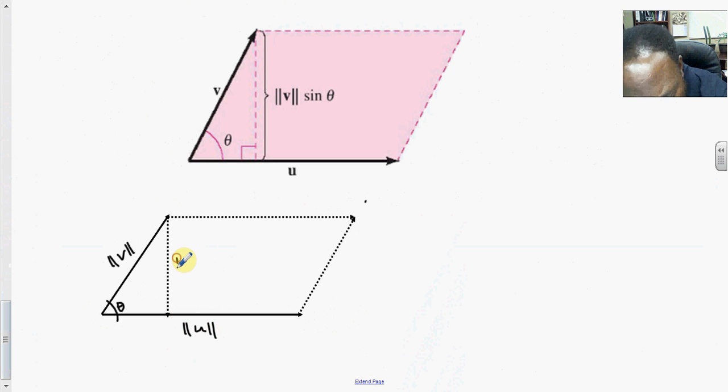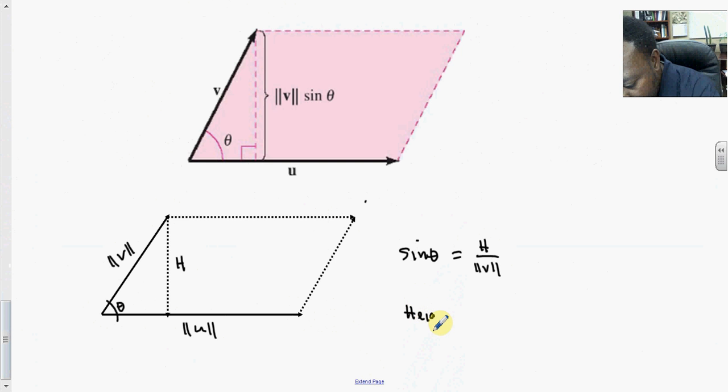I'm going to call this h for the height. Now, here the height can be determined by the sine of theta. Sine theta is equal to the opposite, which is the height h, divided by the hypotenuse, which is the norm of v. So the height is equal to the norm of v times sine theta.